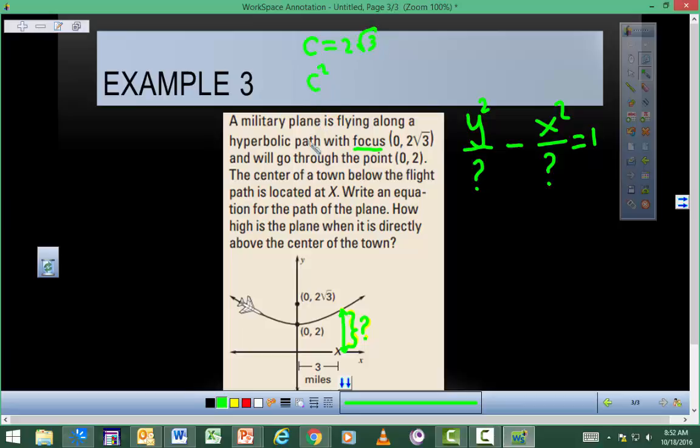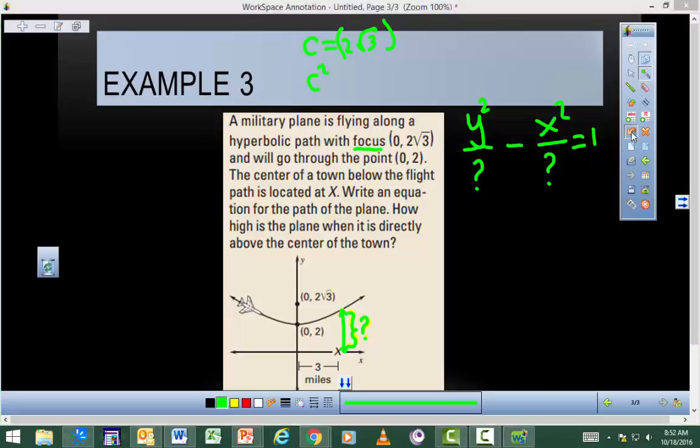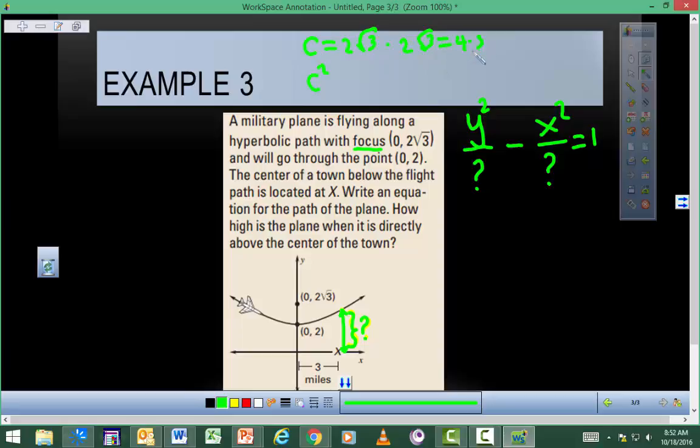So what's c squared? Well, the easy way to do this is just put this in your calculator and square it. But if you're going to square something, it's the same thing as just multiplying by itself again. So let's just multiply by 2 square root 3 again. What's 2 times 2? We'd say 4, right? And what's square root 3 times square root 3? 3. Don't say 9. So c squared is actually equal to 12, right?